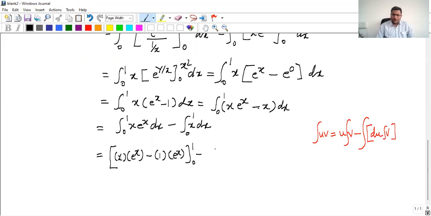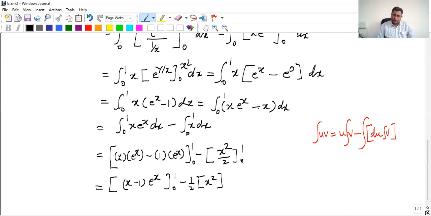Minus the integration of x, which is x square by 2, and the limit is 0 to 1. Now simplify, this is x minus 1 into e raised to x, this is 0 to 1, minus half of x square, 0 to 1. Are you getting this one?